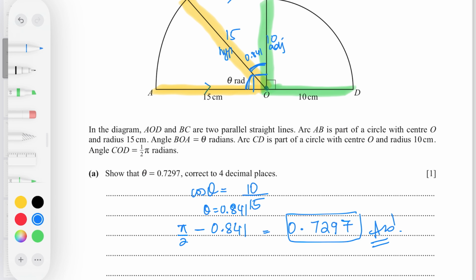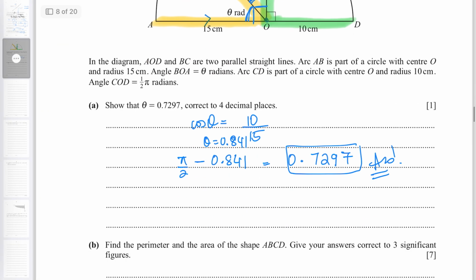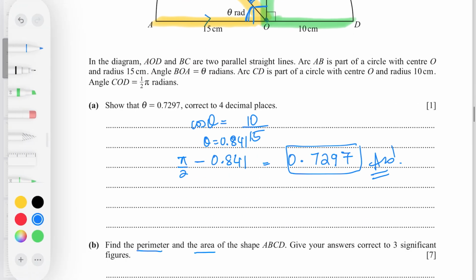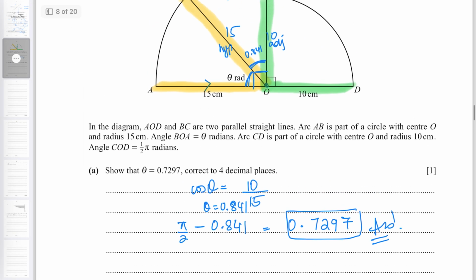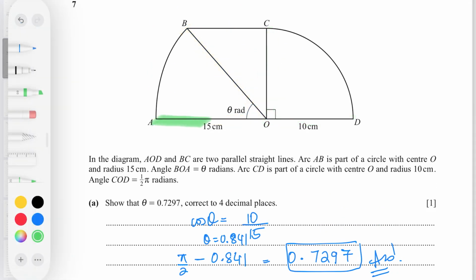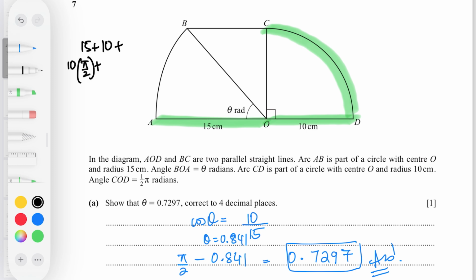All right, let's now move on to the next part of the question. The next part says, find the perimeter and area of the shape. So for the perimeter, this is 15 plus 10 plus, this is going to be r theta. R is 10, theta is pi by 2, plus this is 10, this is 15.